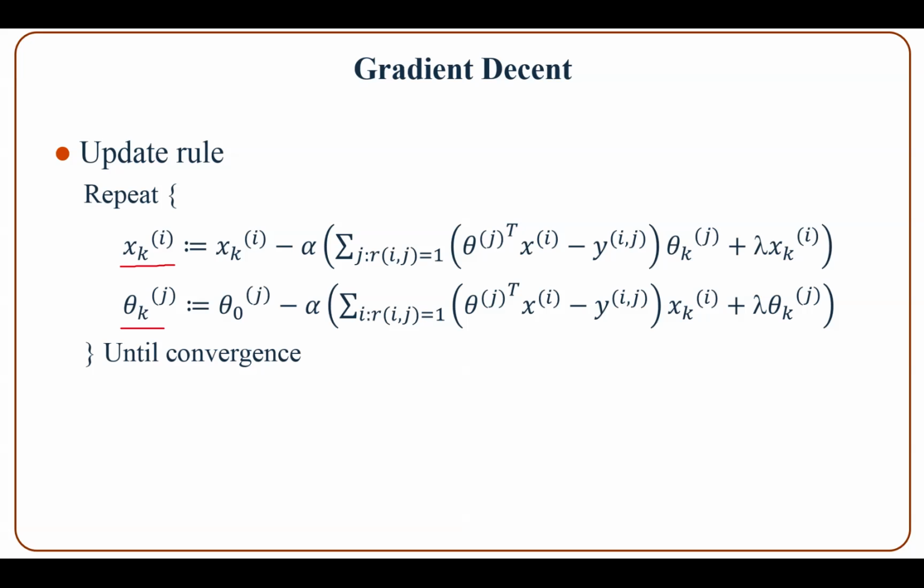The term inside the parenthesis is actually the gradient of the cost function with respect to xki, and the other is also the gradient of the cost function with respect to theta kj.